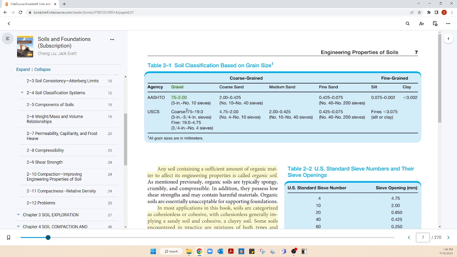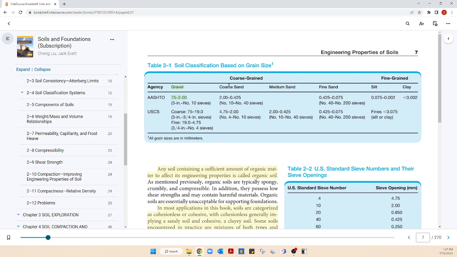Coarse sand passes the... where am I? Coarse sand passes the 75, but is retained on the 19 millimeter sieve. The same deal, 3-inch here and 3-inch here, but this is retained on the 19 millimeter, so the 3/4 inch can't get through. This is on the 2 millimeter, so this is finer.